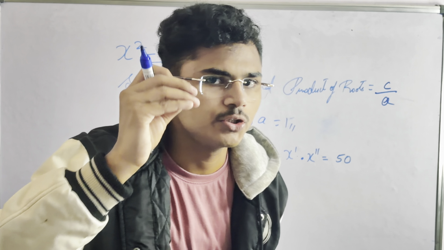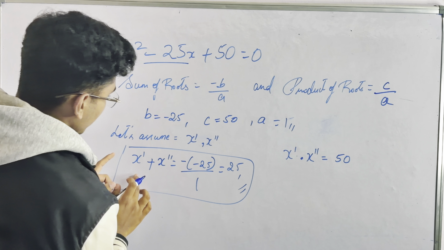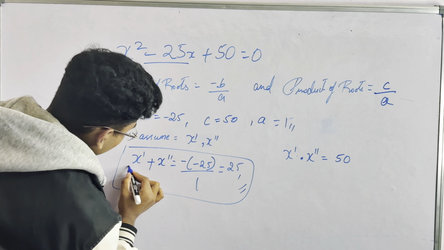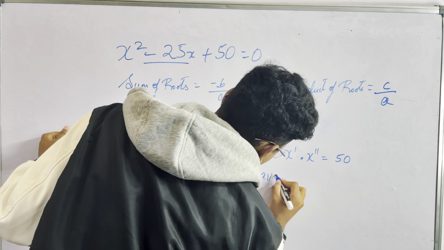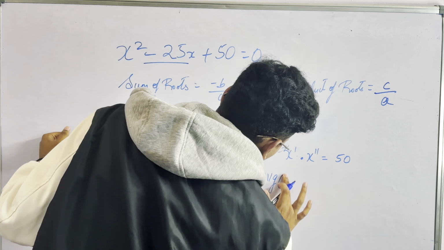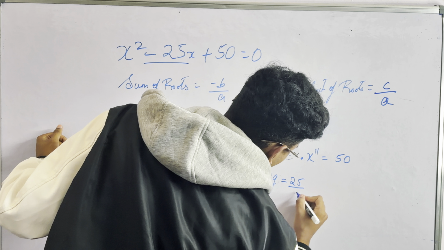Keep it in mind, we should take the average of the roots. So the average of the roots is this thing divided by 2. The average of the roots, AVG, is 25 by 2.